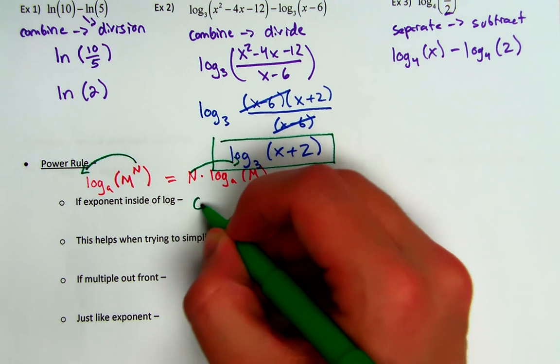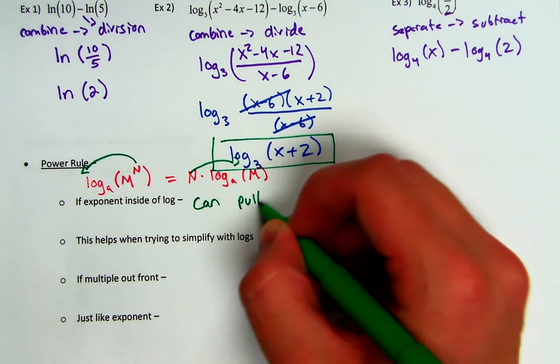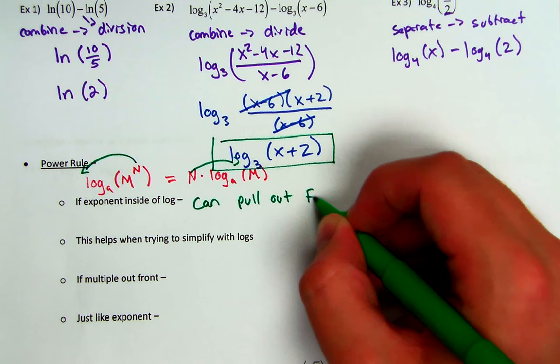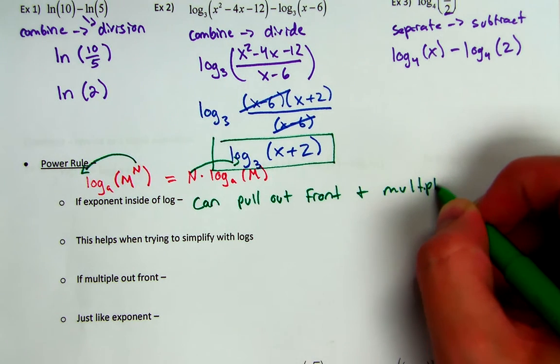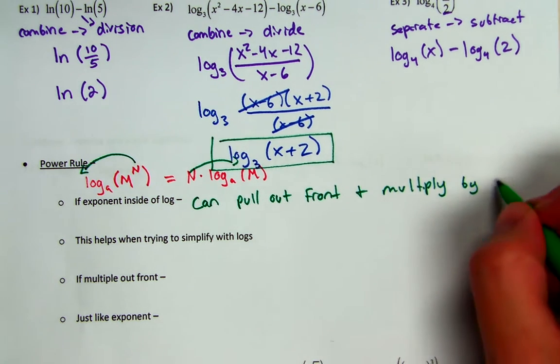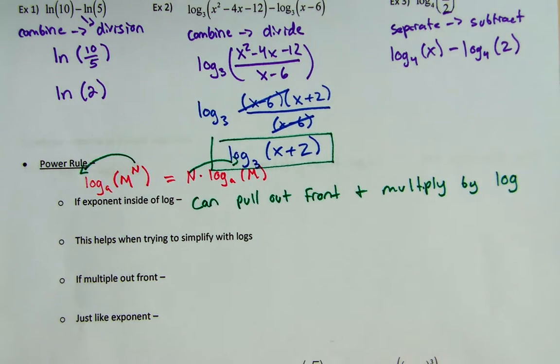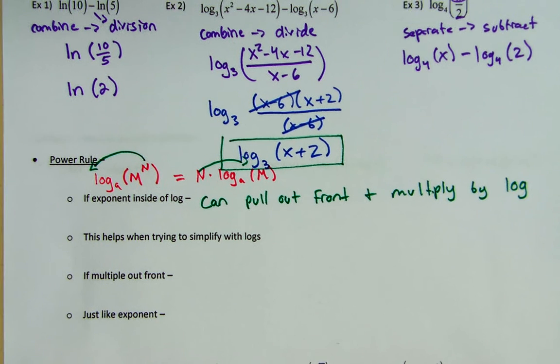So you can pull it out front and multiply by the remaining logarithm. This helps to simplify. We'll use it a lot actually to simplify.